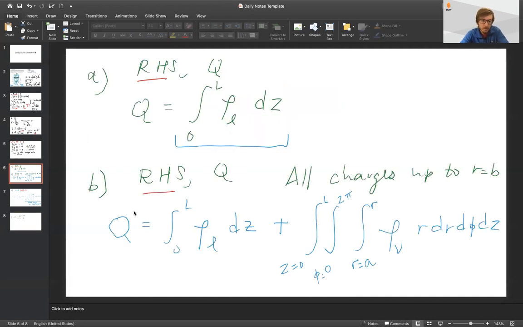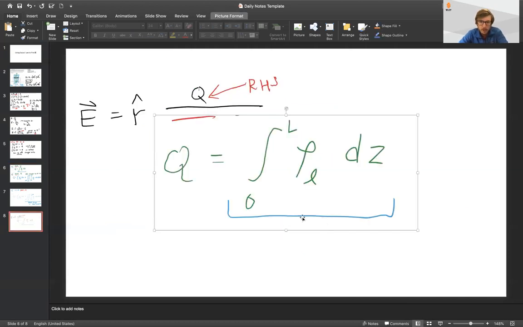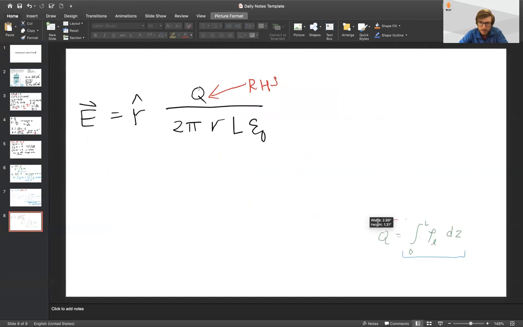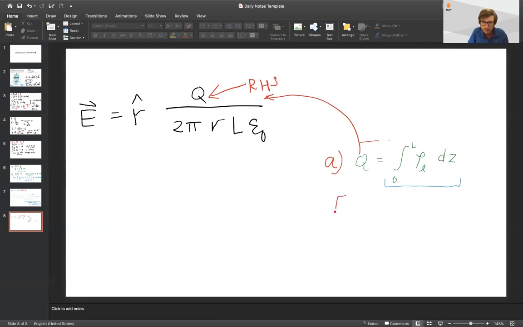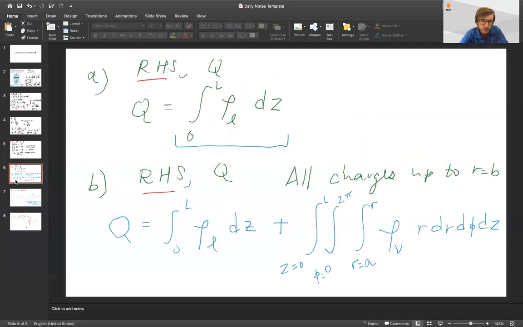Then we can plug those in to Q. So for part A, we will take this expression for Q and plug it in here so that we can get the electric field. And then for B, we will do the same thing. We'll use this expression that we determined.